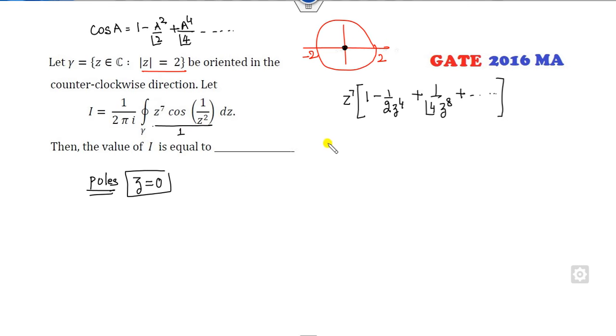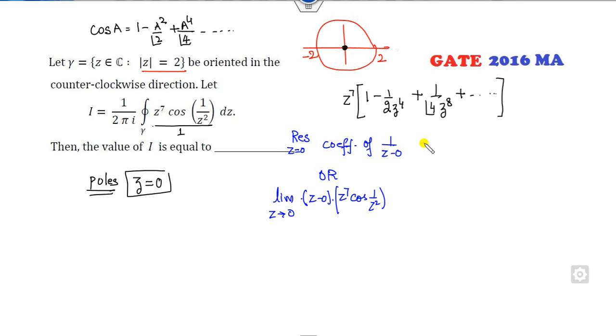So it means what is the residue of the function at Z is equal to 0? We can find the coefficient of 1 over Z minus 0, or we can find the limit as z approaches 0 of z minus 0 into this function. Fine, that's your choice. But whenever there is a series, you all know what is the coefficient of 1 over z.